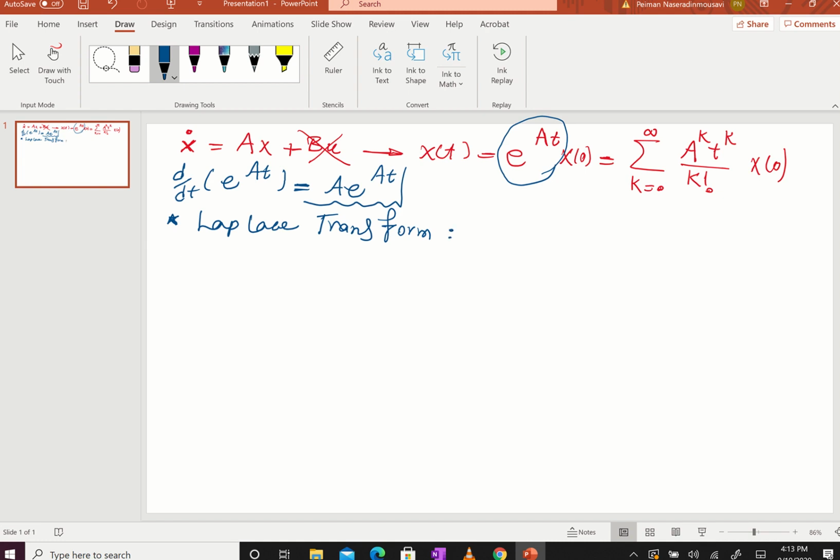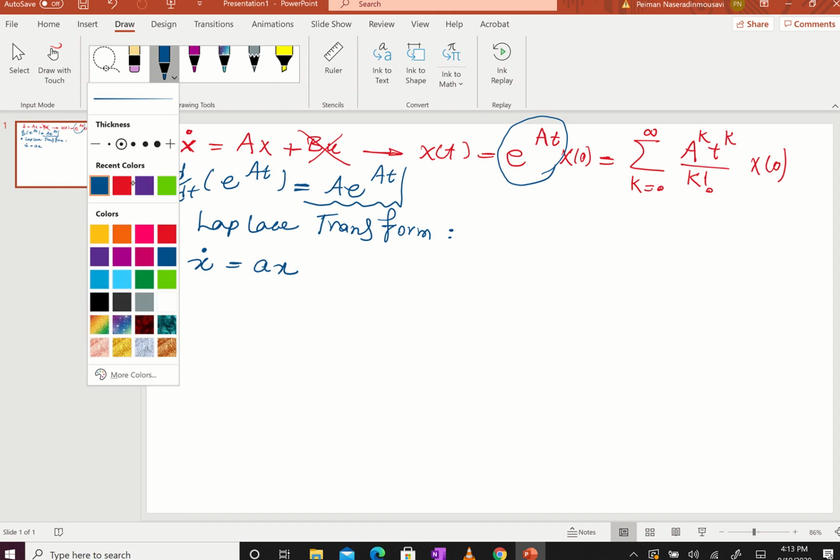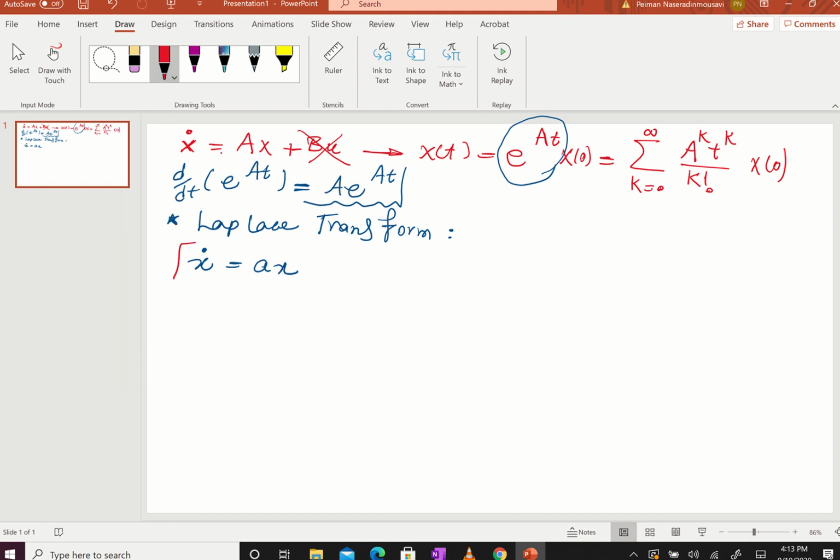Remember, in undergraduate control, if you had a first order differential equation of x dot equals a x, you apply the Laplace transform to go from the time domain to the frequency domain, assuming that x naught is not 0 this time.